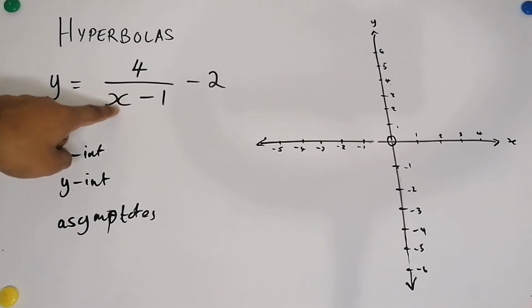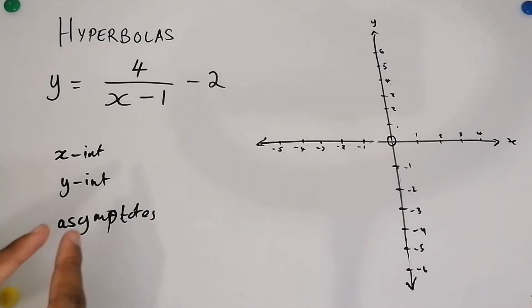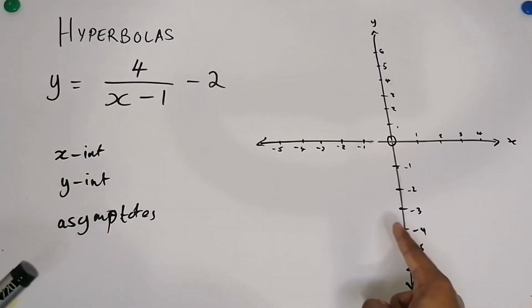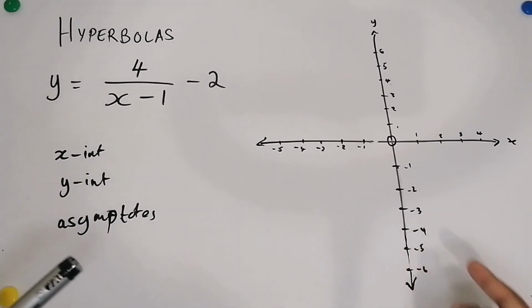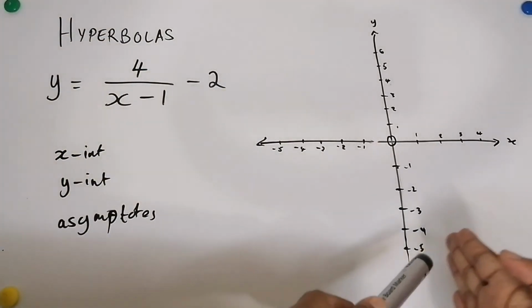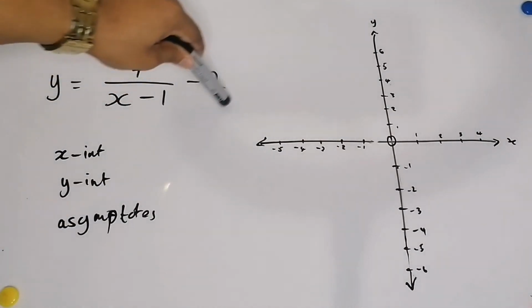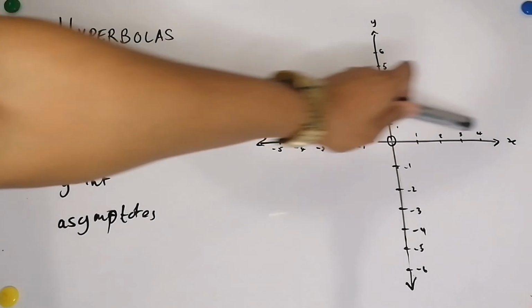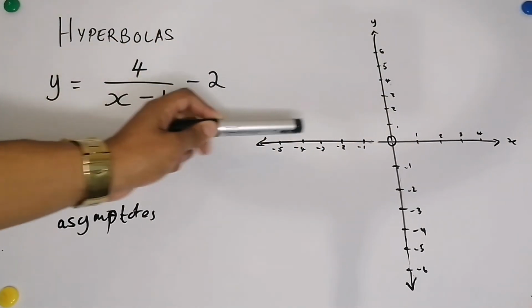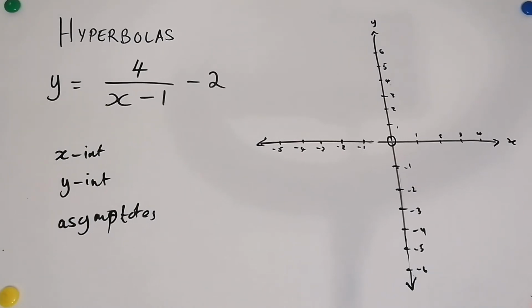So this is x minus 1. That means that the graph is shifting 1 unit to the right, which would mean that our asymptote will be on the positive side. The current asymptote is at 0, but the minus 1 shifts it to the right. It will be at positive 1. The y asymptote, the horizontal one, is also at 0, and the minus 2 brings it down 2 units. So in fact I'm going to plot that immediately.